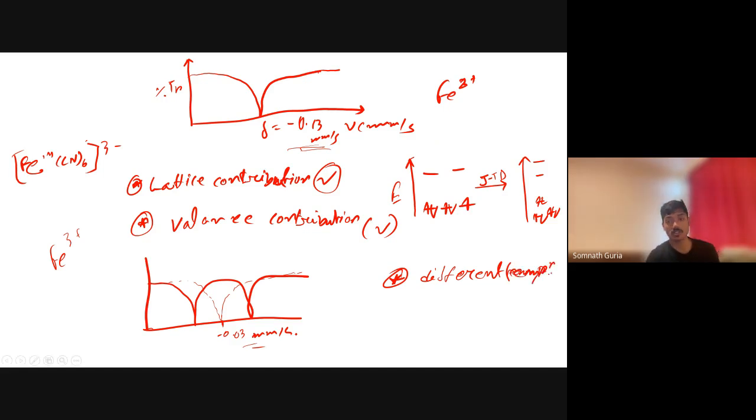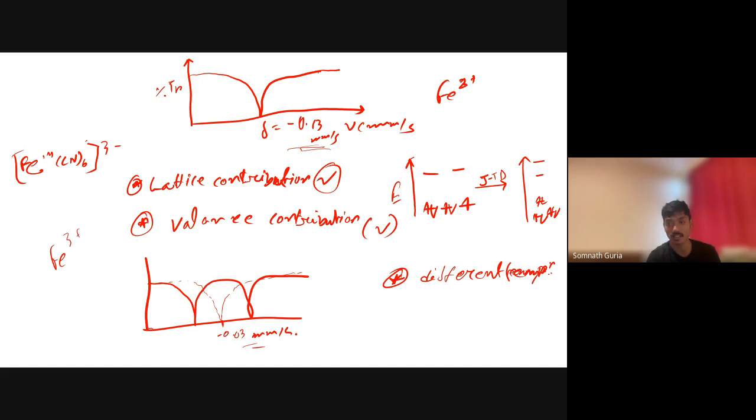If you want to check one parameter, we are supposed to keep all other parameters of the experiment constant. You cannot change both parameters simultaneously and then check whether there is any effect. So iron(II) should be less negative, but we observe that it is more negative than iron(III).